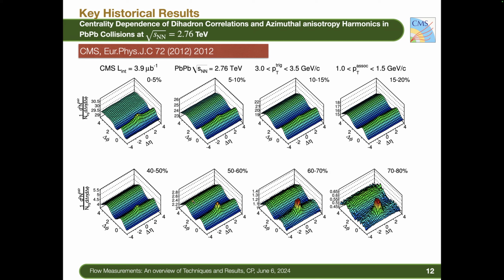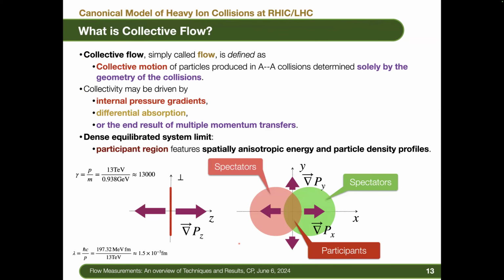So you can see this modulation in delta phi is a signature of flow. And so this then led to the notion that we are producing a system that expands indeed longitudinally, and this system is flowing transversely. So this was a remarkable observation, a remarkable achievement.